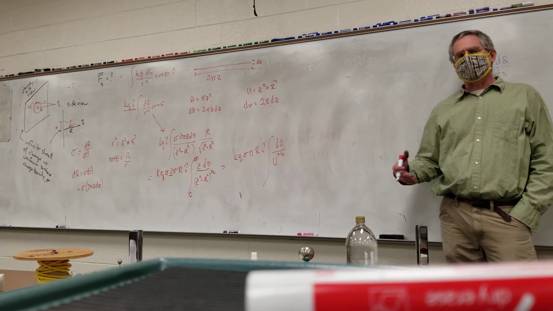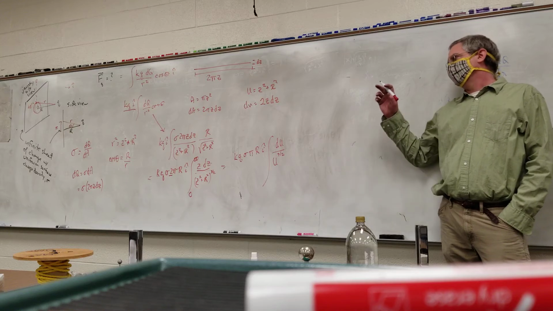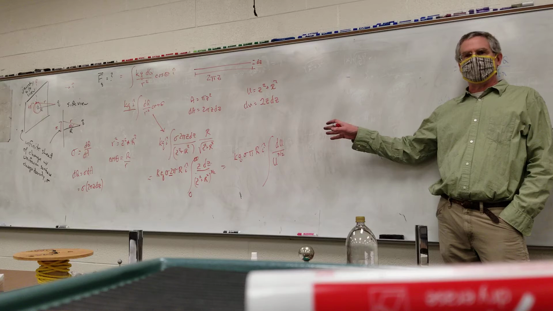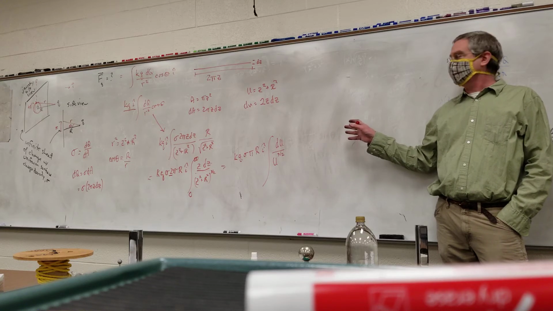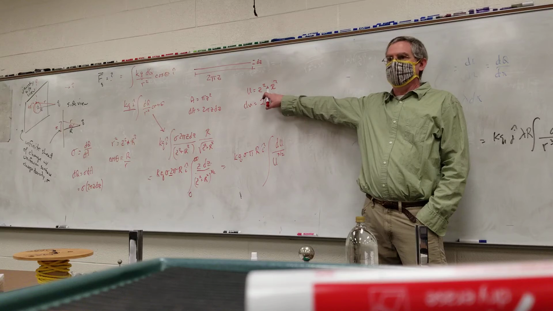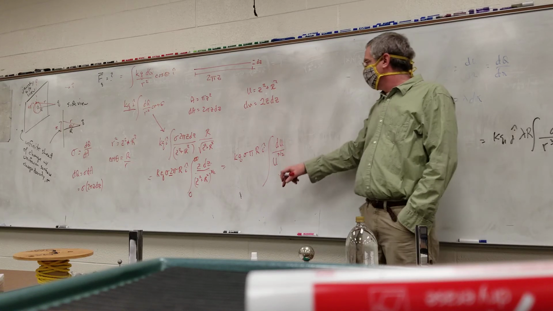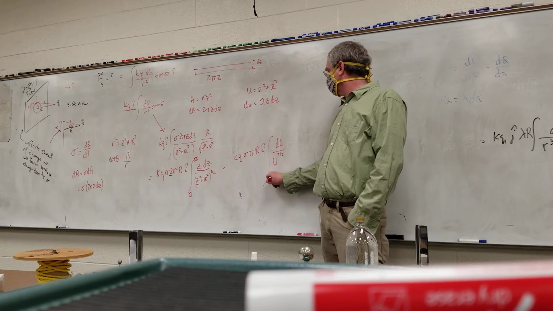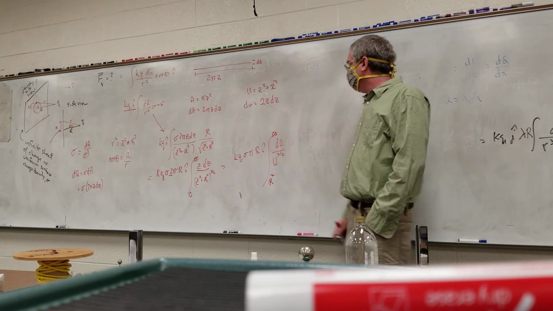Now, the way that you are taught math now, do you not worry, don't change the limits of integration, figure out what the answer is, and then plug this back in, or do you change the limits of integration? Okay, so then this becomes from R squared to infinity.